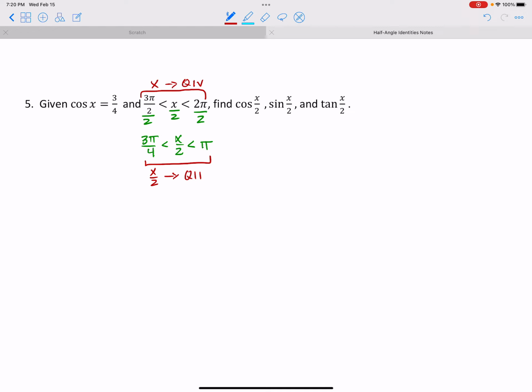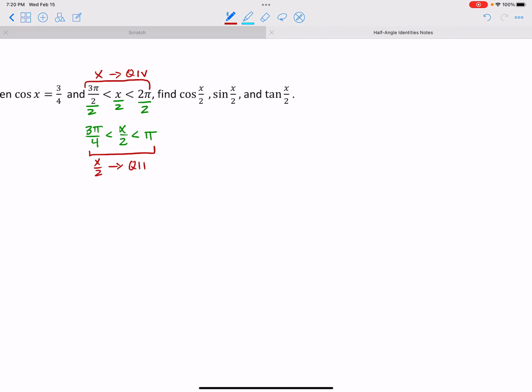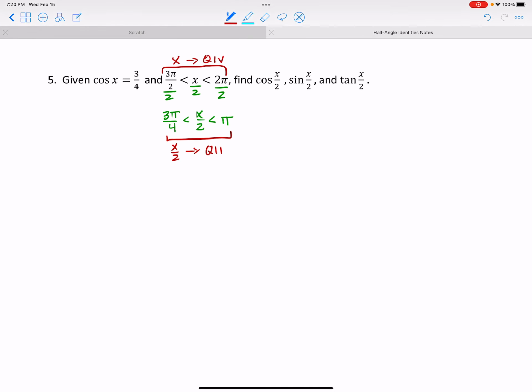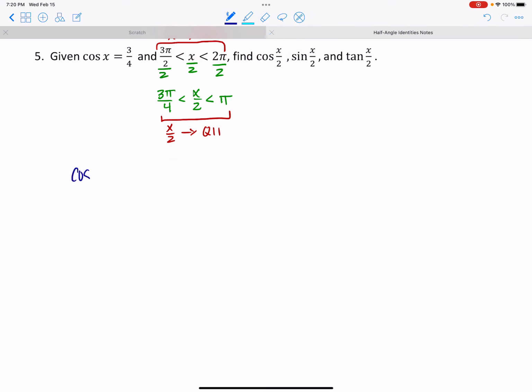Now, let's try to evaluate the cosine, sine, and tangent of our half angles. Maybe I'll work downward with these. So let's go cosine of x over 2 first. The formula says we want plus or minus the square root of 1 plus the cosine of our angle, which was given to us as 3/4, and then we divide that by 2.